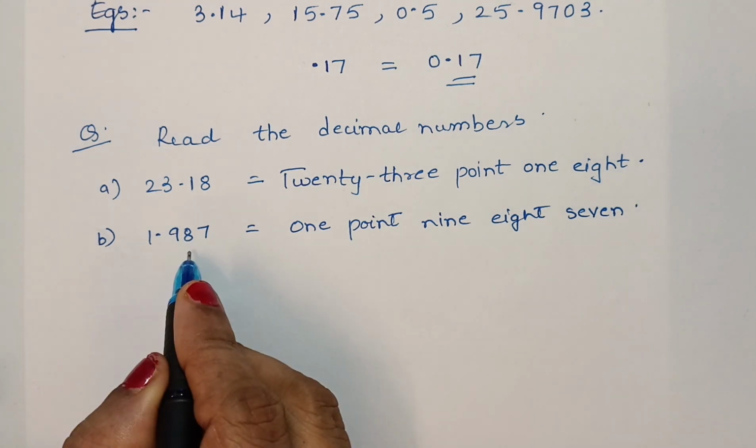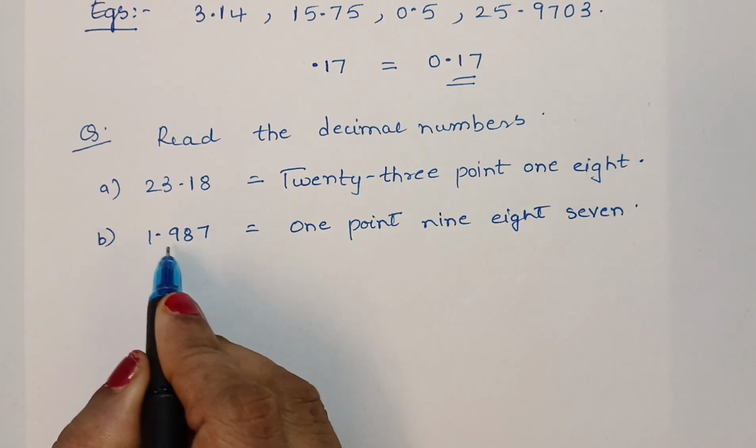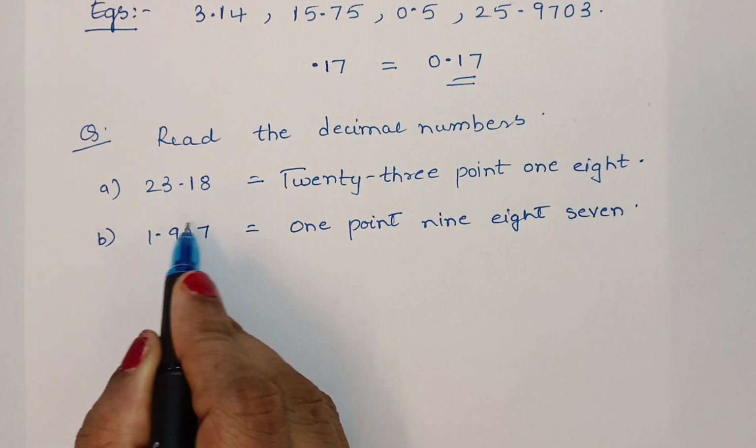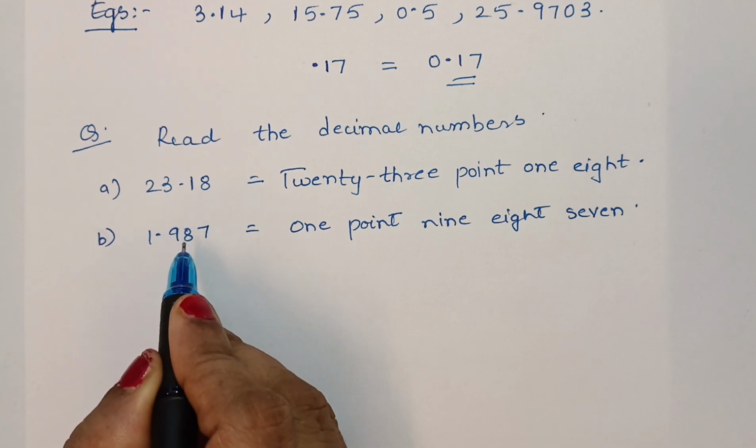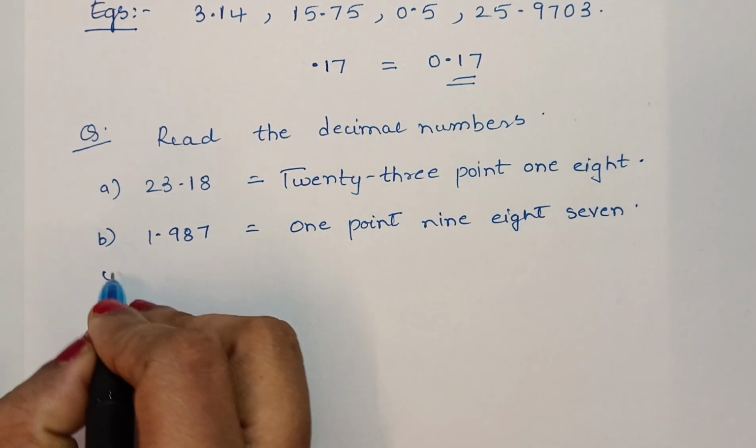This should not be read as one point nine hundred eighty-seven, because after the decimal point this is called the fractional part. So it is read as one point nine eight seven.